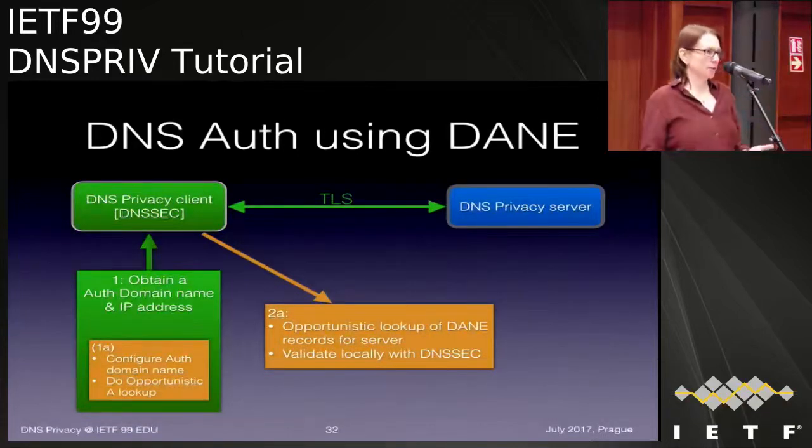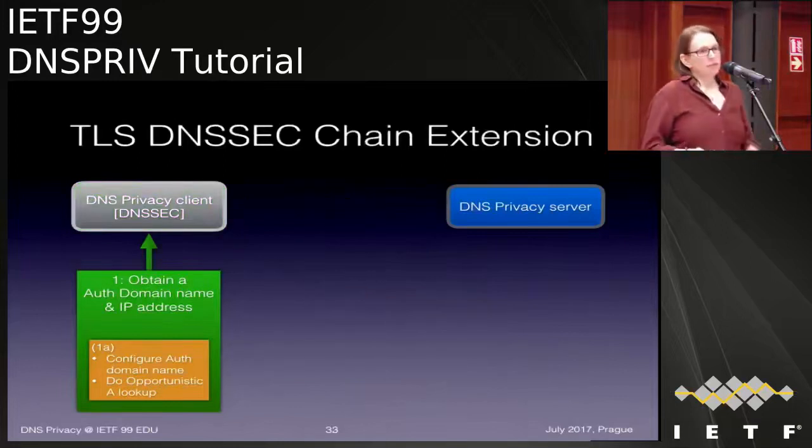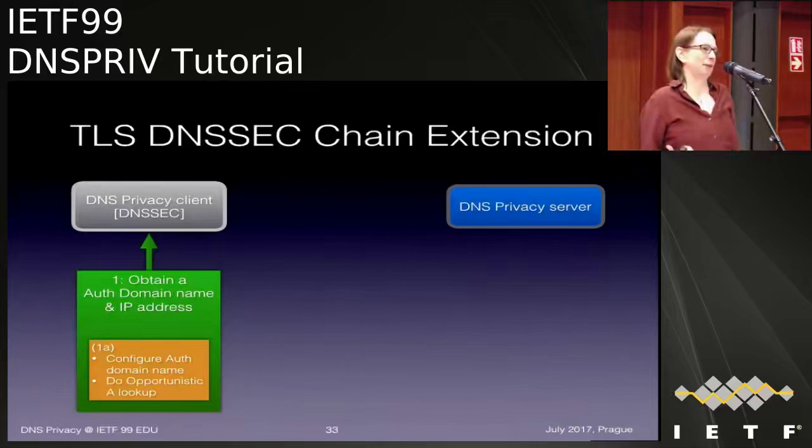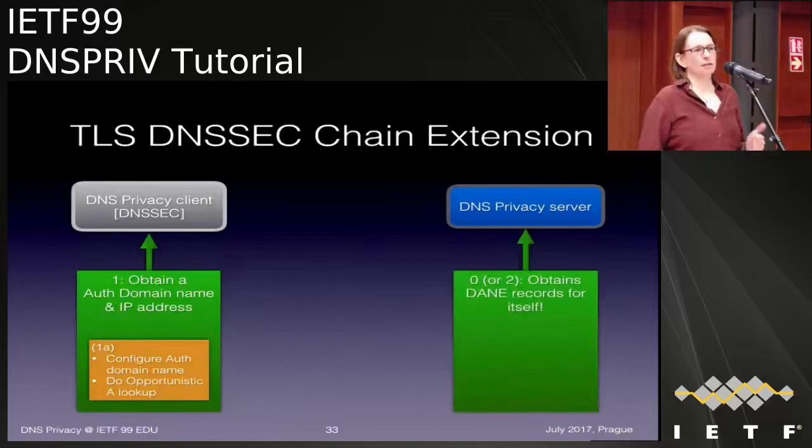The new proposal that's still going through the TLS working group is based on the recognition that, hang on, this thing I'm talking to and trying to authenticate is a DNS server, it knows about DANE. So rather than me getting the records as a query, I'll let it do the work. You start from the same position in terms of configuration. However, this time it's the server that makes sure it has its own DANE records.